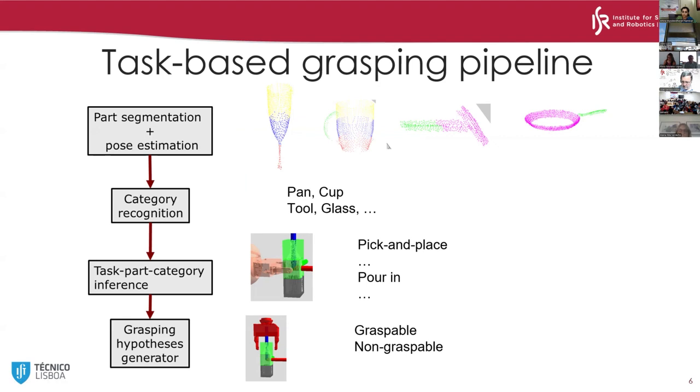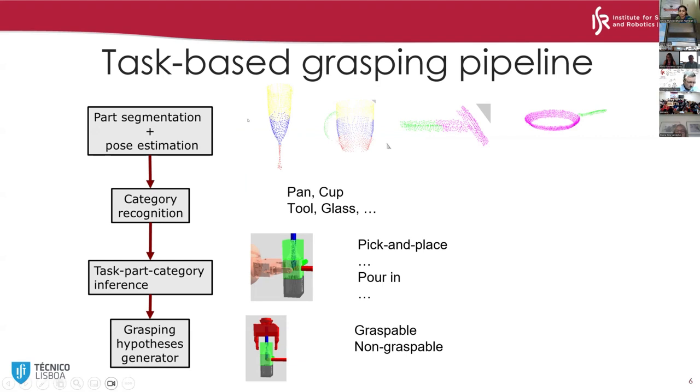We have the parts, then somehow you have to recognize which type of object you are going to grasp. In this case, it's a pen, a cup, a tool, a glass, and then you have to do what I named task-based grasping: you have to consider the part of the object, the geometry of the object, and the task that you are executing. According to these three constraints, you define which part is the best one to execute the grasp.